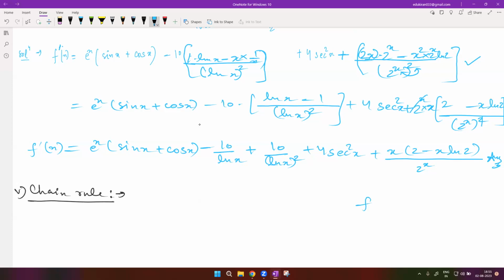Let's say we have this function f(x) equal to sin x, and we have been asked to find f dash x. In that case, we know how to differentiate sin x. There is a formula given for sin x, right? So we will differentiate sin x directly, and the differentiation will be cos x. Now, if you multiply 4 with sin x, that is okay, because a constant is being multiplied with a function, and the differentiation of the function we know.